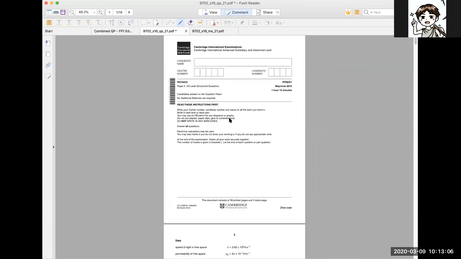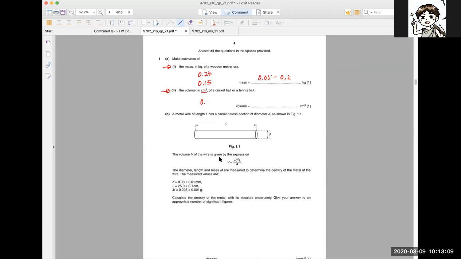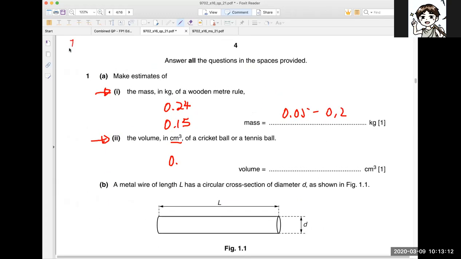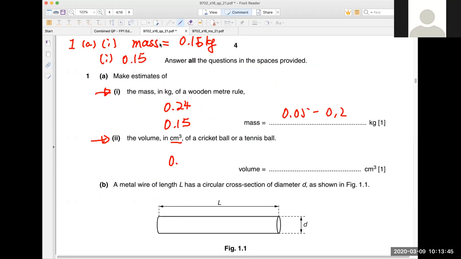You just write down the question number and then give me the answer, just like question 1, part A, part 1. Or you just write a few more words for me to mark it more easily. Just like this one is fine, or like this one is also fine. Any other question? No. Then let's go on.